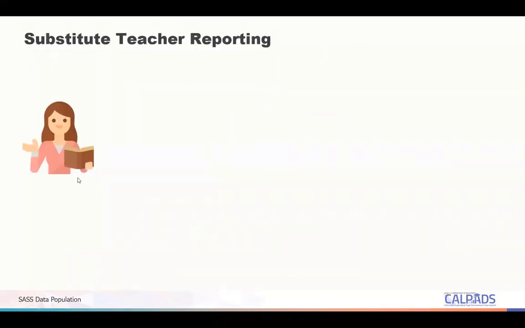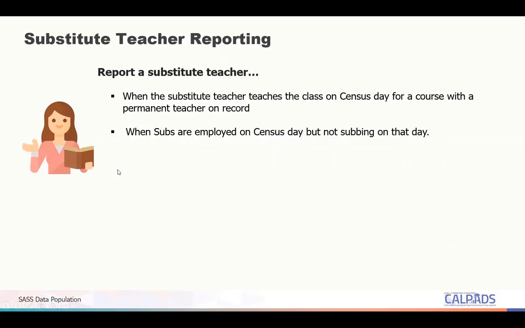With regard to substitute teacher reporting, you report a substitute teacher in CalPADS when the substitute teacher teaches the class on census day for a course with a permanent teacher on record. You also report a teacher when they are subs who are employed on census day but are not subbing on that day.